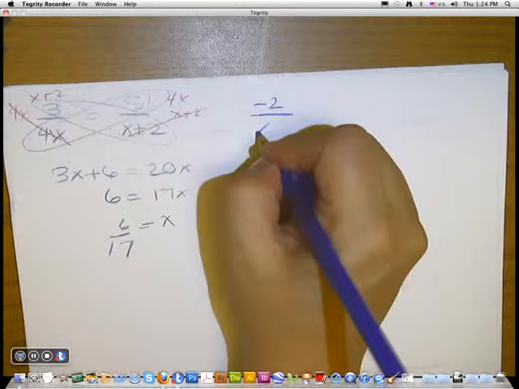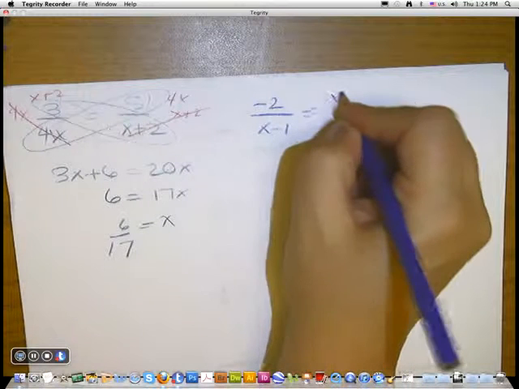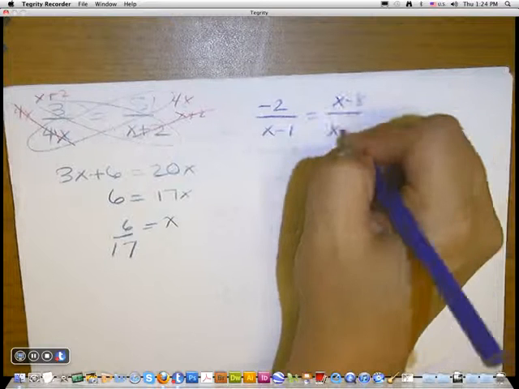If you have negative 2x minus 1, x minus 8, and x minus 1.